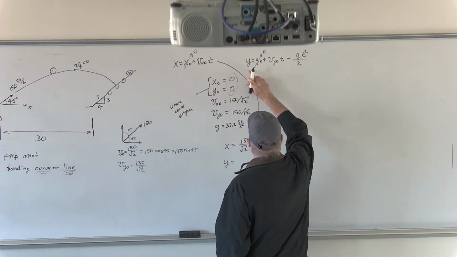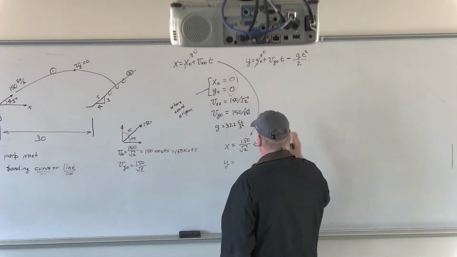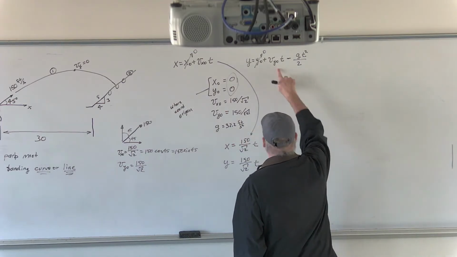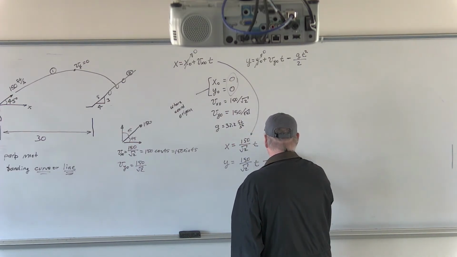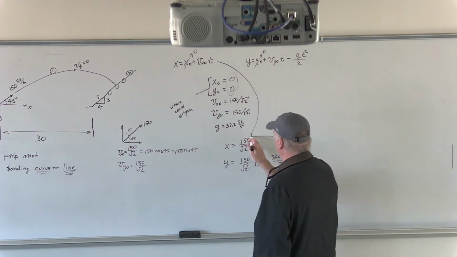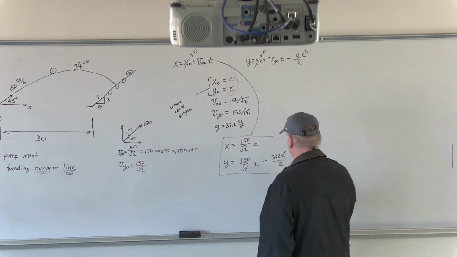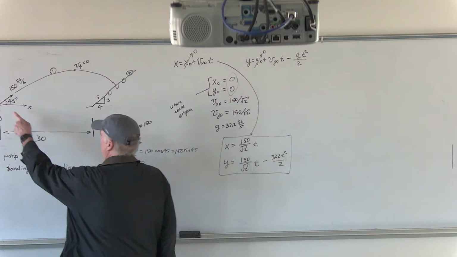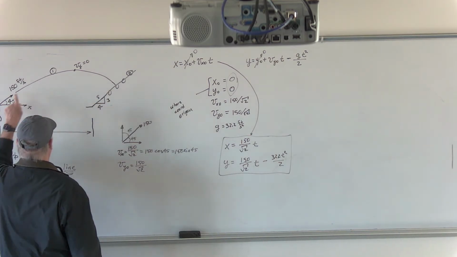So I'm left with y is equal to this, and then the 32.2. Okay, so I got 150 over square root of 2 t, that comes from that, minus 32.2 t squared over 2. So now I've got what appears to me to be the equation of this parabolic thing.